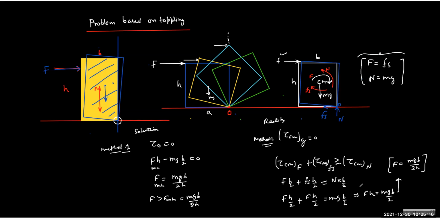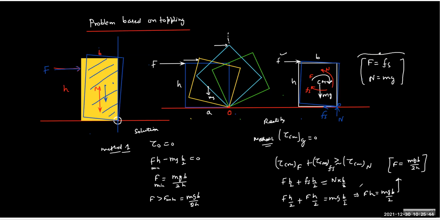It's nothing wrong, because we are solving the equilibrium problem about O, the point about which the body is toppling. Whenever you solve a toppling question, we mentally tilt and shift the forces near the edge, because that is the only point of contact left, and then we write the equilibrium condition and get the answer.